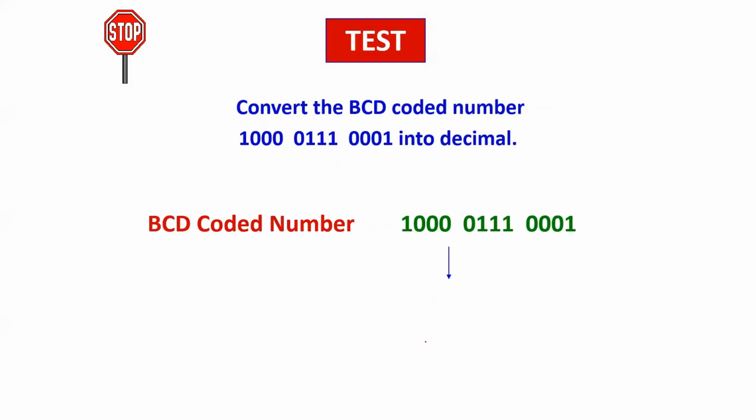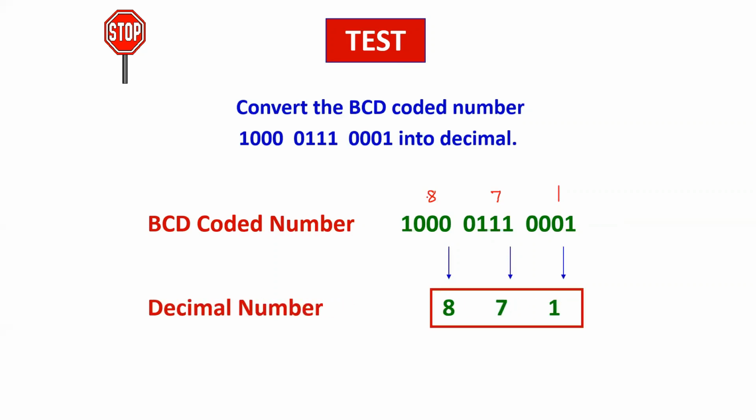So if I ask you people to convert it into a BCD coded number, then what is the number? This is 1, this is 7, this is 8. So this is your 871 decimal number, and vice versa. So BCD number is quite easy to do.